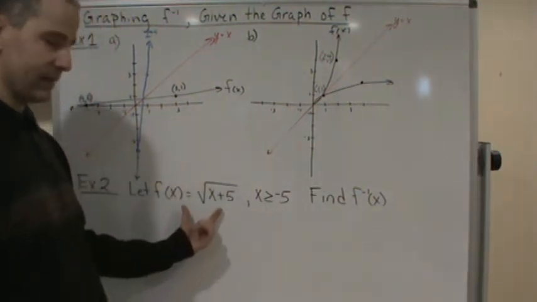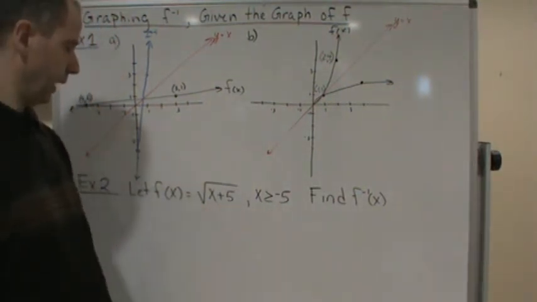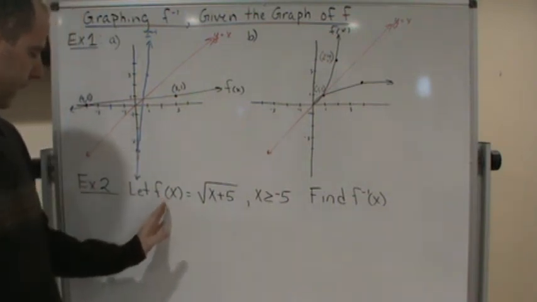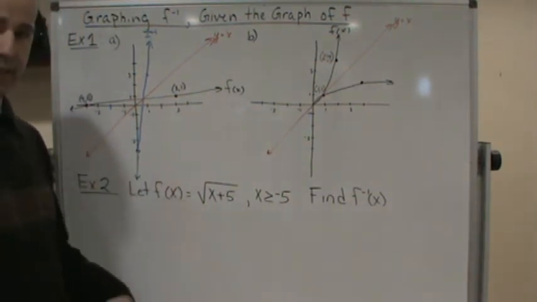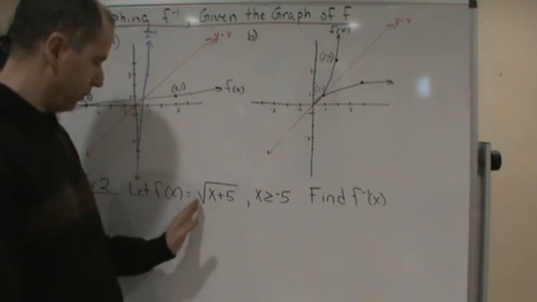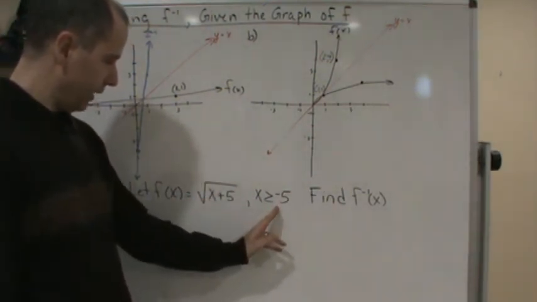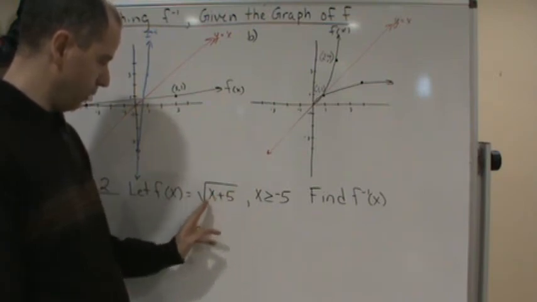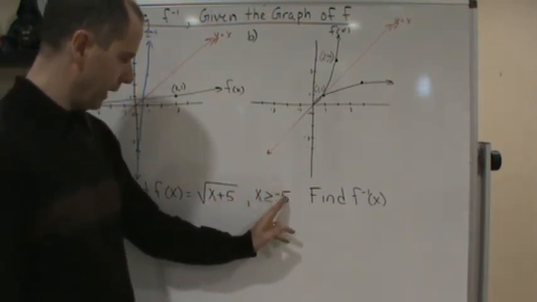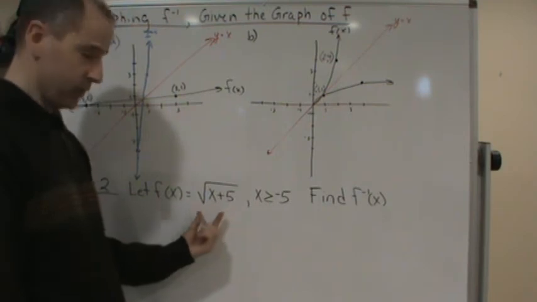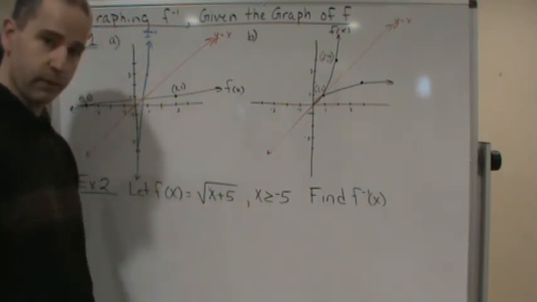Which makes the range of f of x equal to what? Well, remember, it has to be non-negative. So when x is equal to negative 5, you get 0, and anything bigger than negative 5 gives you something positive. So the range is going to go from 0 to positive infinity.